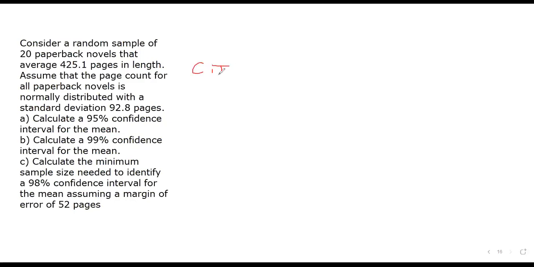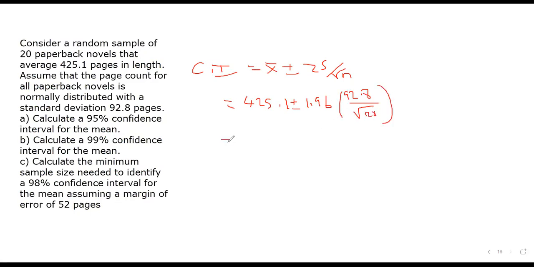The confidence interval is the mean plus or minus Z times S over the square root of N. So our mean is 425.1, our Z is 1.96, our standard deviation is 92.8, and our N is 20. When you calculate that, this part collectively is called the margin of error.